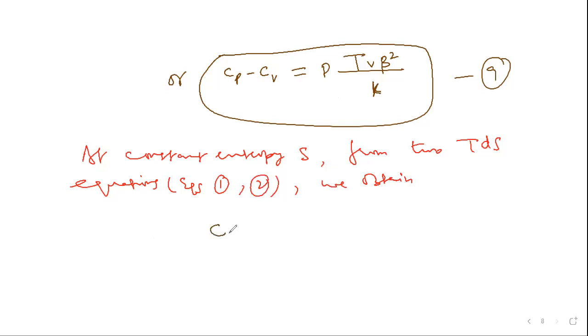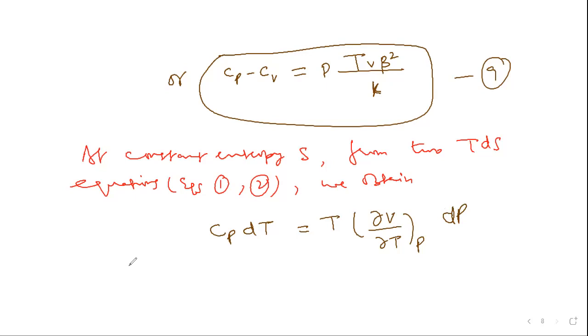Cp dT is equal to T dou V by dou T at constant P dP, right?